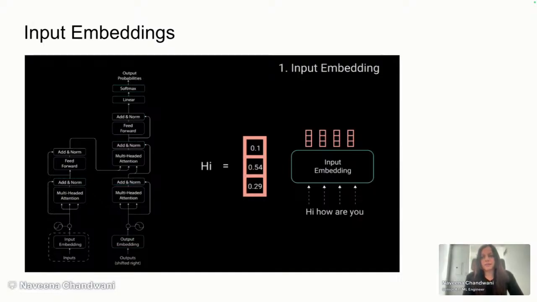Say you have a word running, and you break it down into run and ning. That way you can control the size of your vocabulary, because words will be broken down into their root format. So we can control the vocabulary size a bit. But embeddings are basically the numerical representation for words.